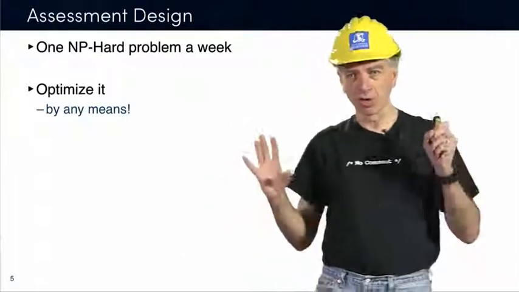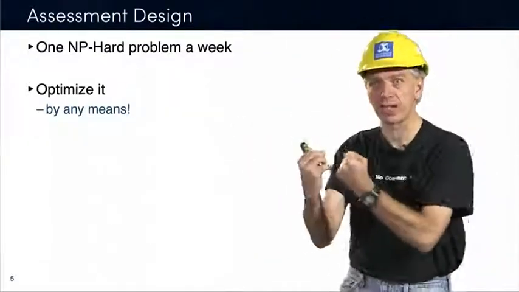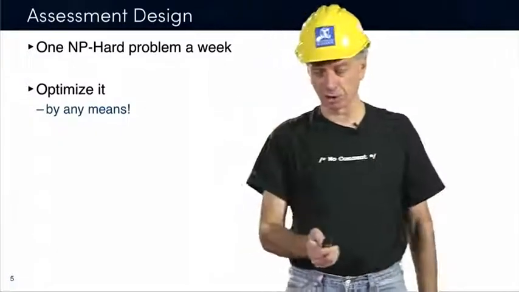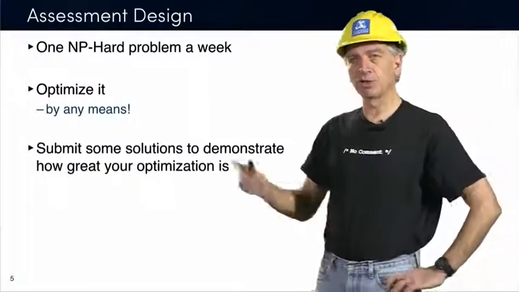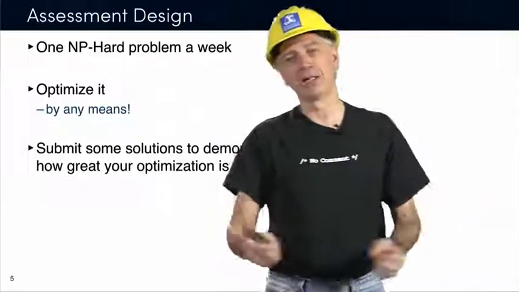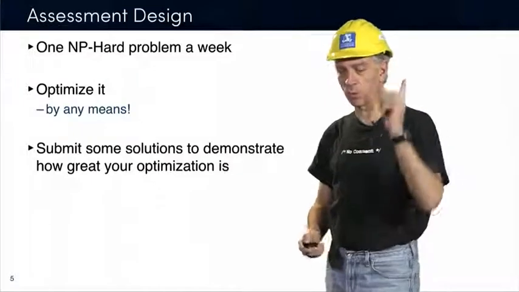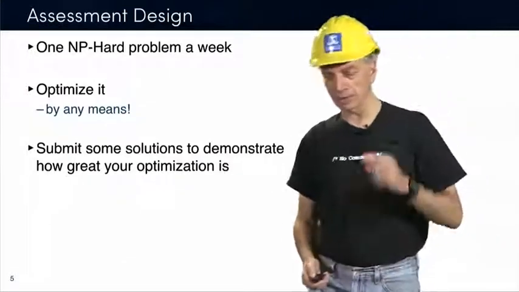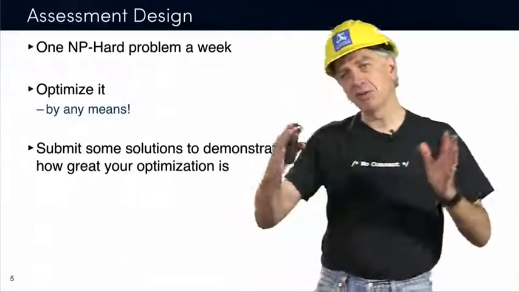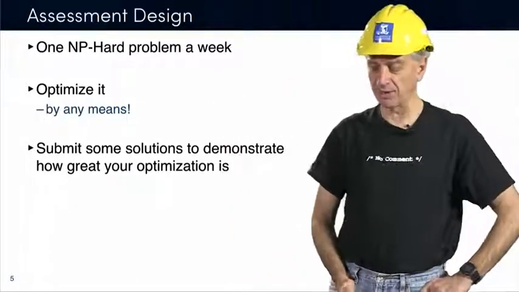You can invent your own, but you have to optimize it as best as you can: pull this exponential, find high quality solutions quickly. Then you will have to submit this solution to us such that we know how great you are and how beautiful your solutions are. So that's the rule of the game: one NP hard problem a week. We'll start easy and then we'll move to more and more complex problems as the class goes on.